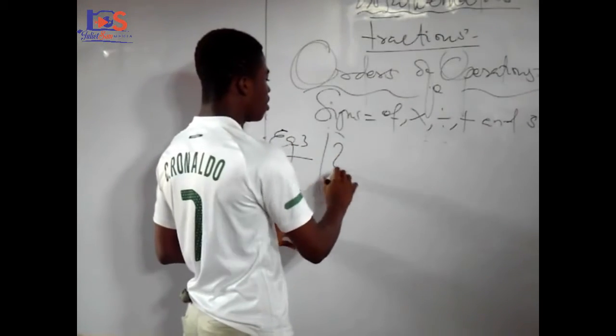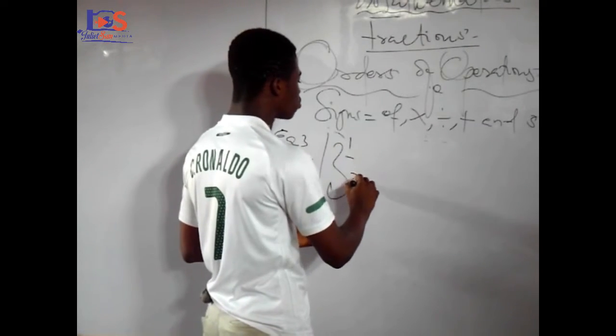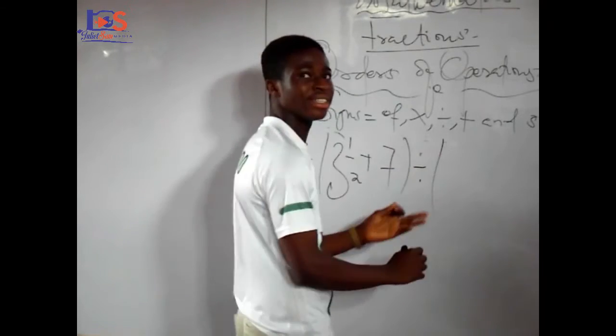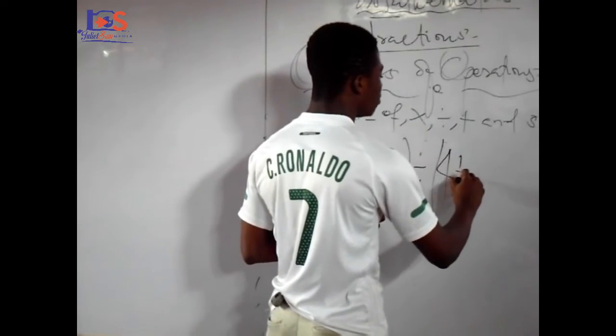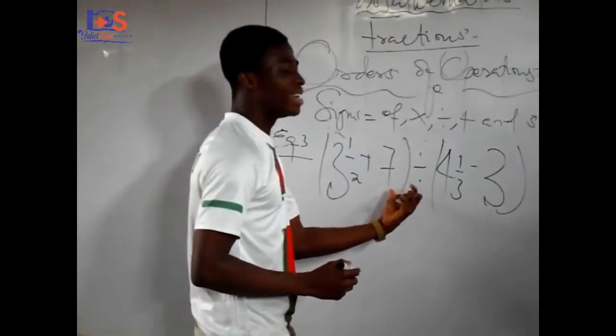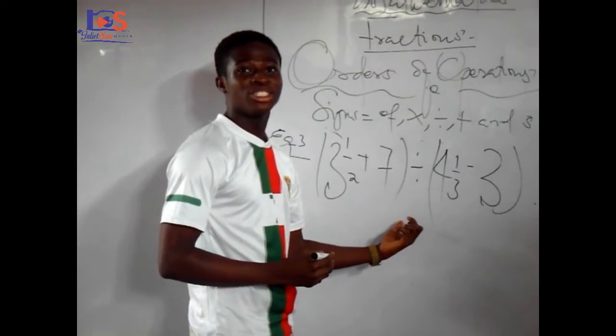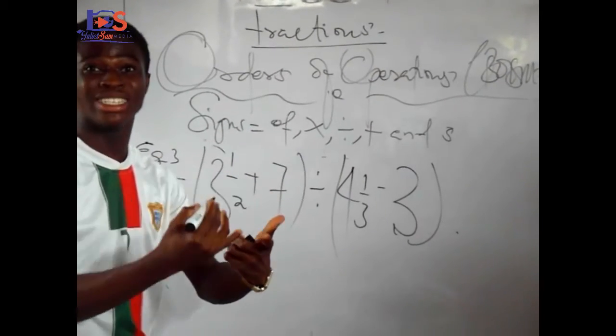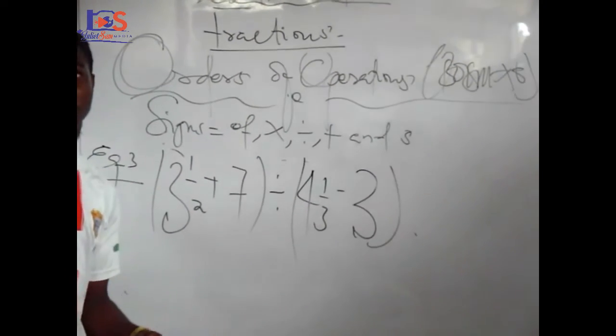So we have 3 whole number, 1 over 2, plus 7 whole number, divided by 4 whole number, 1 over 3, minus 3 whole number. This is your trial work, and you have less than 30 seconds to solve it. For me to know that you've gotten it, try it wherever you are doing it from.